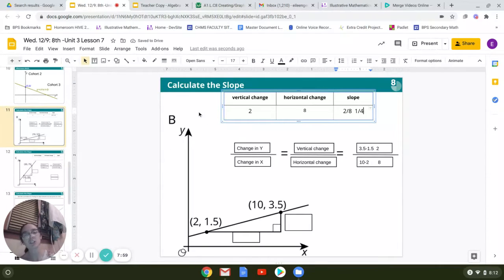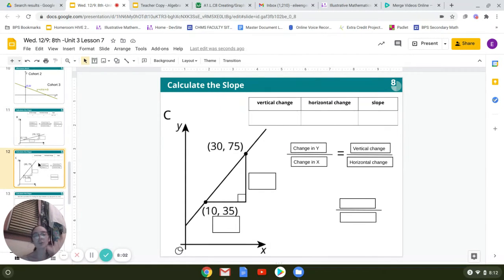So now what I want you to do is take 2 minutes right now to calculate what the slope of this line is going to be using this idea of change in y over change in x, my vertical change divided by my horizontal change, and you can use these boxes here to help you write that equation. I want you to take 2 minutes right now.